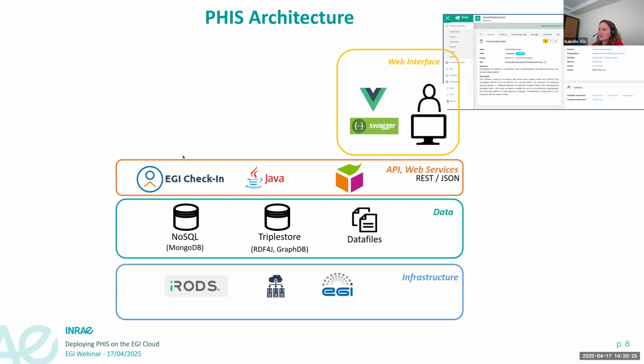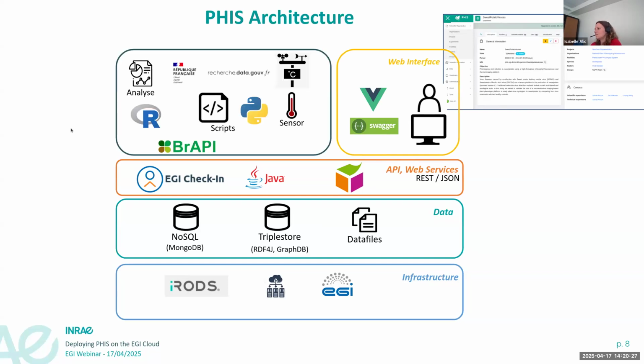And on this layer, you can also connect the different R packages and Python packages that will allow you to collect your data automatically. We also connect the BrAPI breeding API web services. We'll see this later on. So this is the basic PHIS architecture.